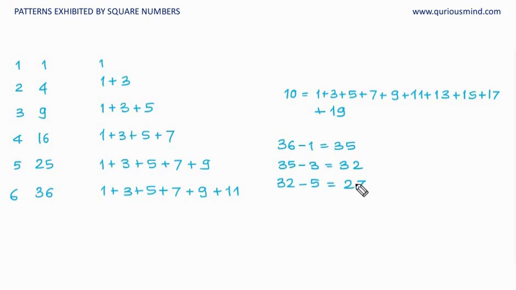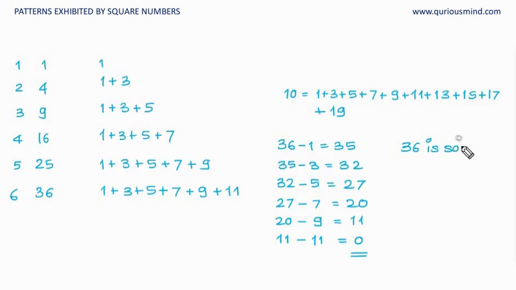The third successive odd number I subtract from this, and I will go on doing that. And I reach 0. And in how many steps did I reach 0? 1, 2, 3, 4, 5, 6. And that tells me that 36 is the square of 6.